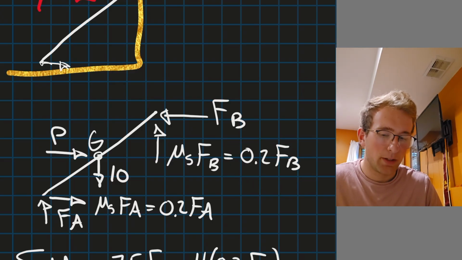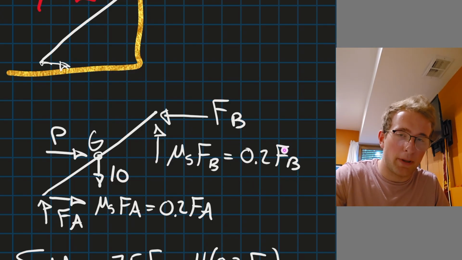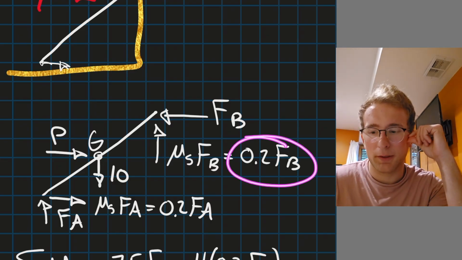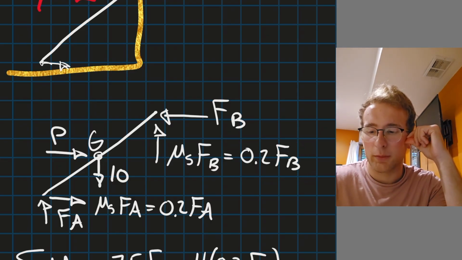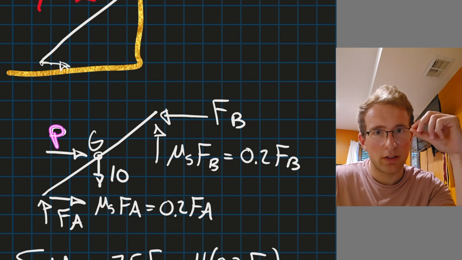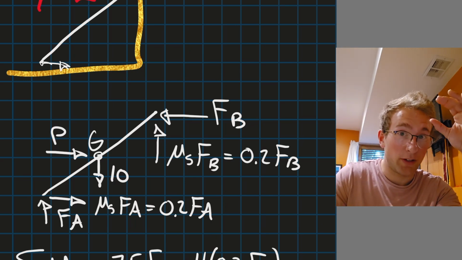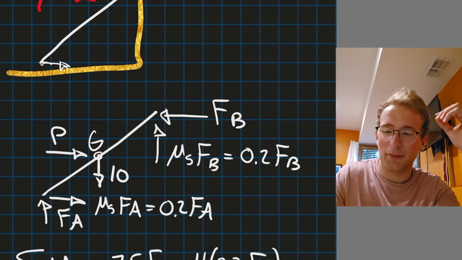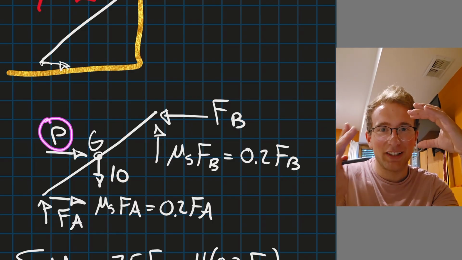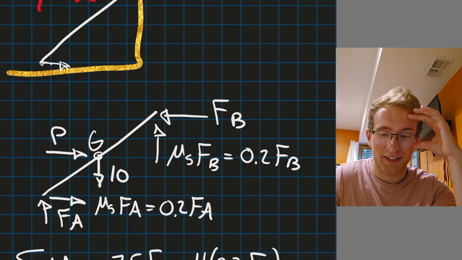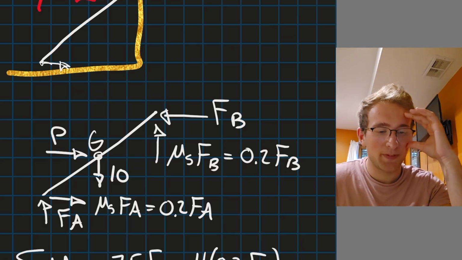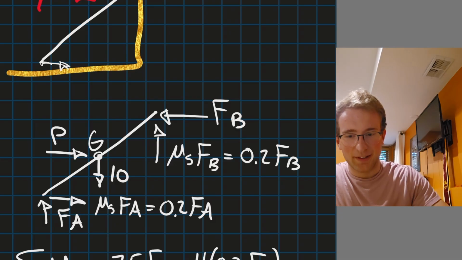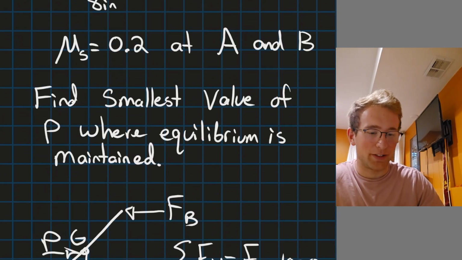So that's why we used the maximum frictional force in our free body diagram, because we were finding the point where if P is any lower, the frictional force would have to be higher above the max, and that's not possible, right? So in other words, if P gets any lower, it's going to move, it's going to tip, it's going to accelerate.